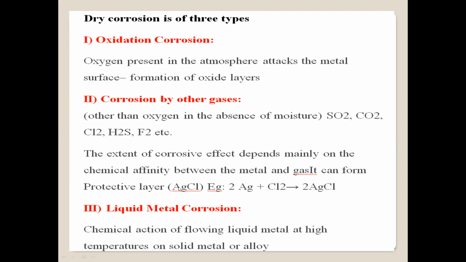If a metal is made of silver, it reacts with chlorine. All gases do not react here. Chlorine reacts and forms silver chloride, and due to this corrosion occurs.